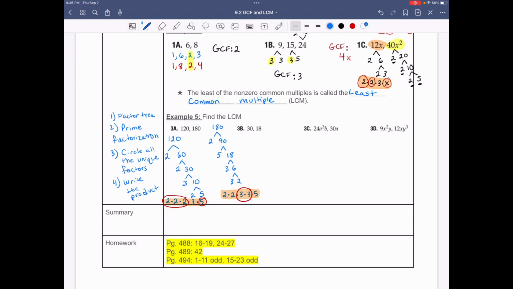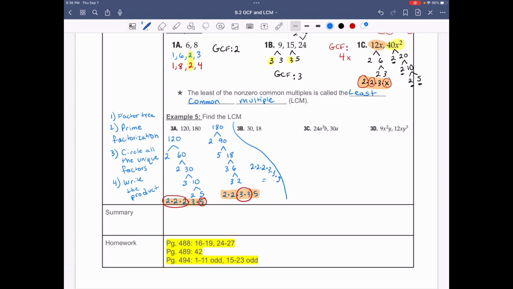Okay, so we have, I'm just running out of space here, 2 times 2 times 2 times 3 times 3 times 5.